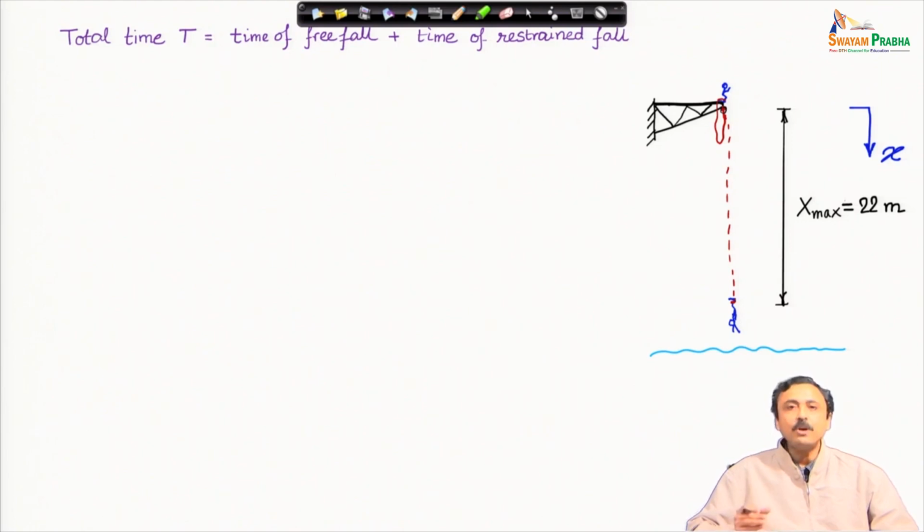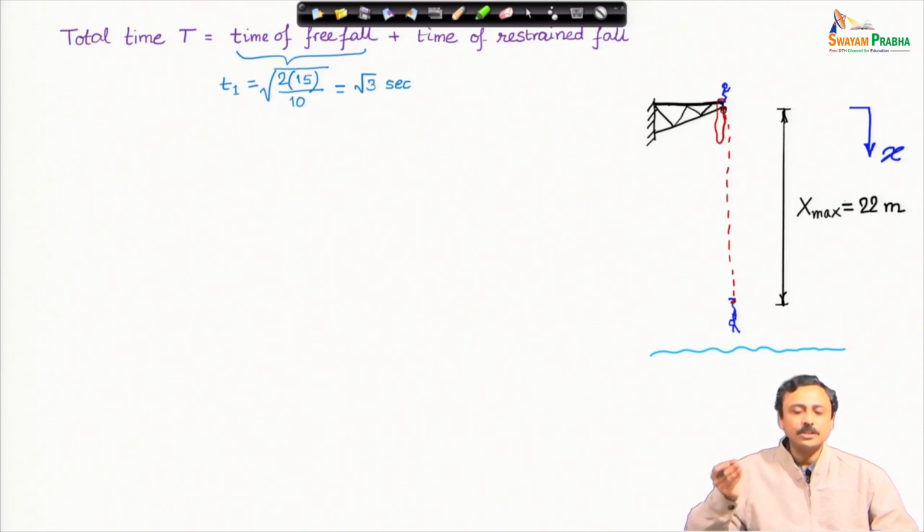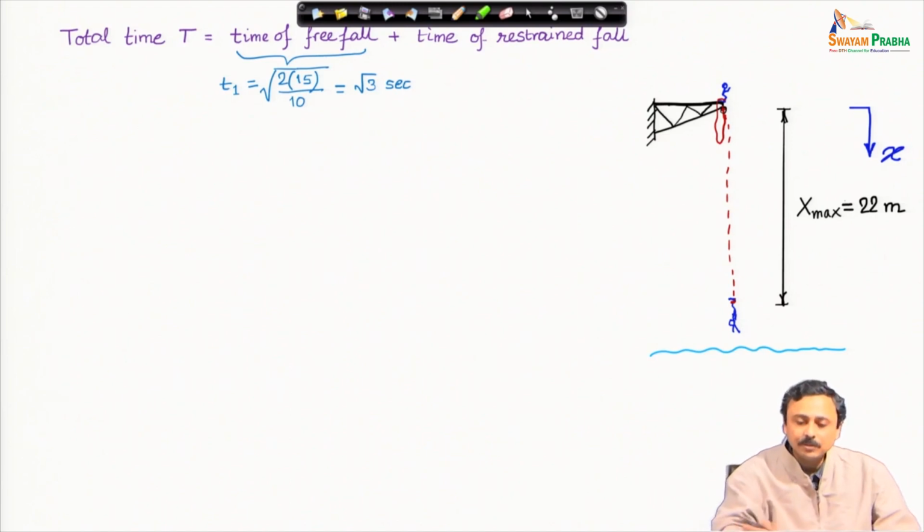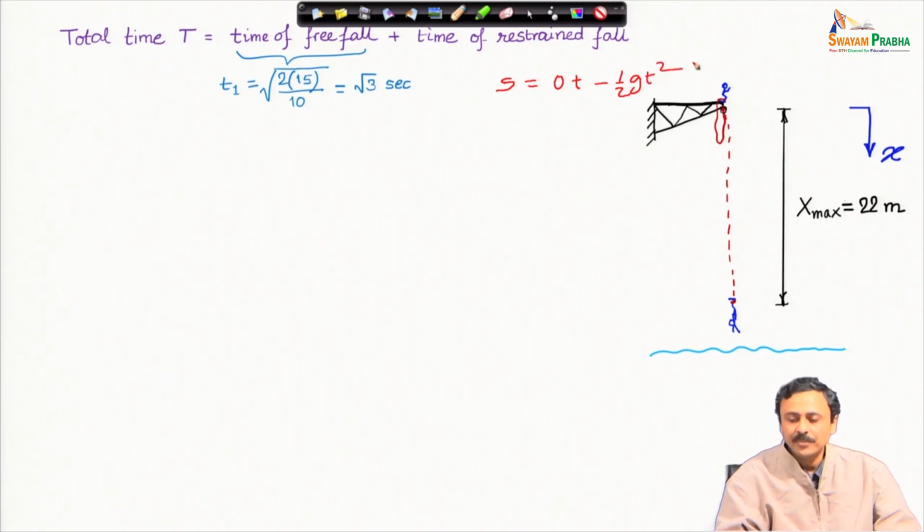The time of free fall is very easy to find. I am sure you can find it out. It starts from 0 velocity and the distance travelled is 15 meter. If you remember, s is equal to initial velocity 0 times t minus half g t square, and from here you will get it.